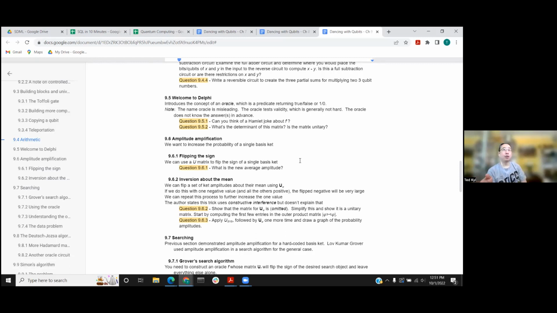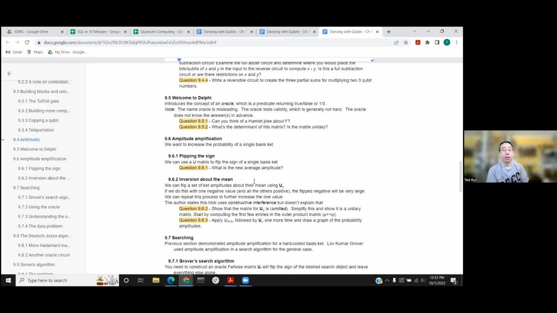You could decide that you start in an initial state where all of them have equal probability 1/16, but there's a particular one, say 0101, and I want to increase its probability and lower the probability of the other 15. Can I build a circuit that does that? The answer turns out to be yes, you can.